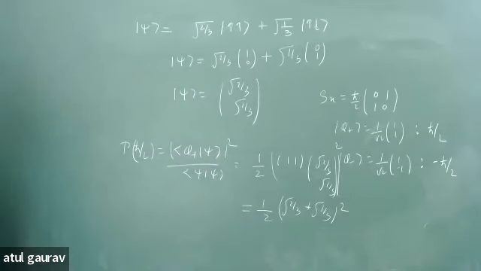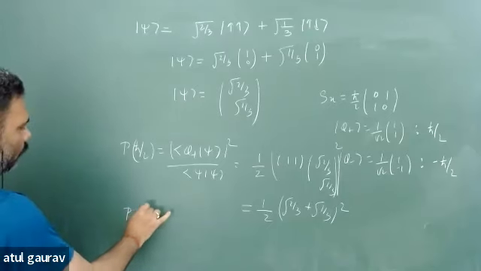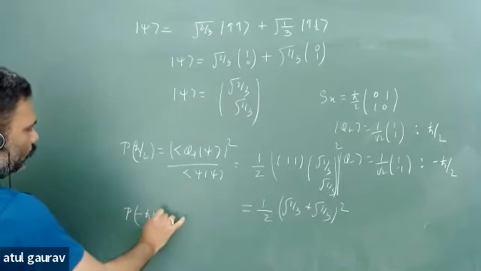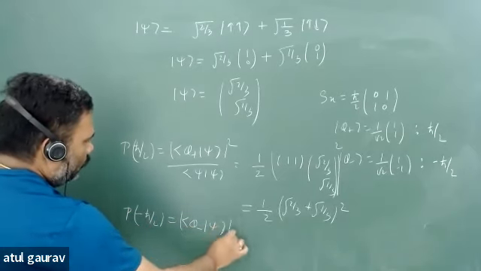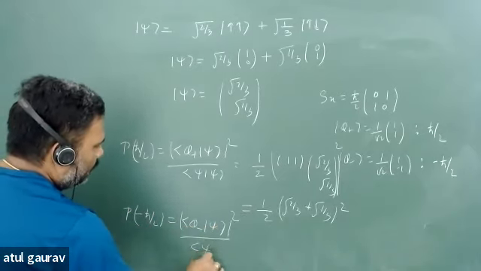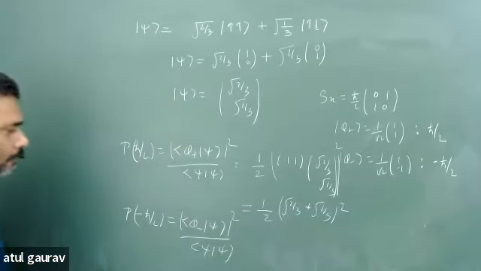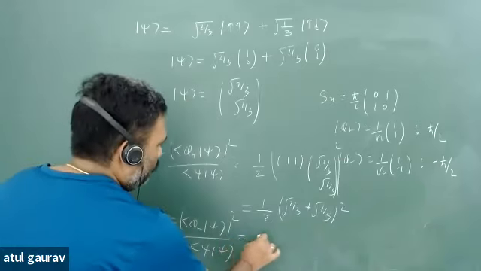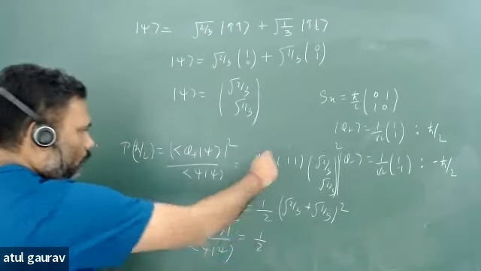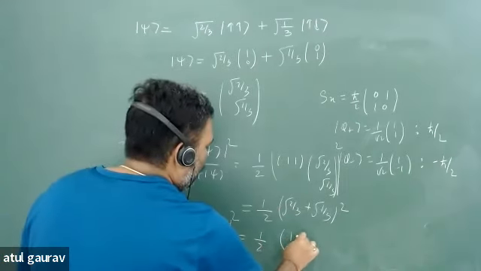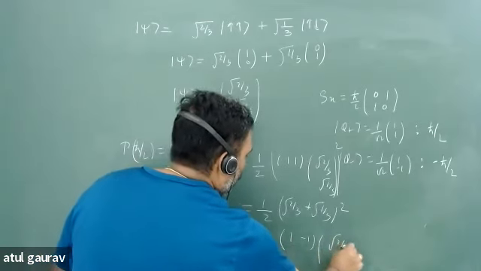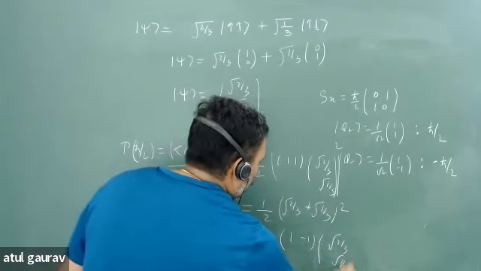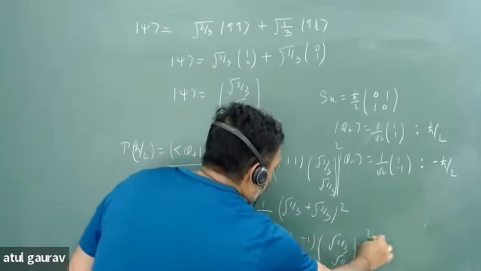Yes, sir. And similarly, if you go for the probability of minus h cut by 2, then you have phi minus, psi, mod square. What will you get? You will get 1 by 2. 1 by root 2 square करने से 1 by 2 बाहर आ जाएगा. So we have 1 minus 1 and you have root 2 by 3, root 1 by 3, mod square.